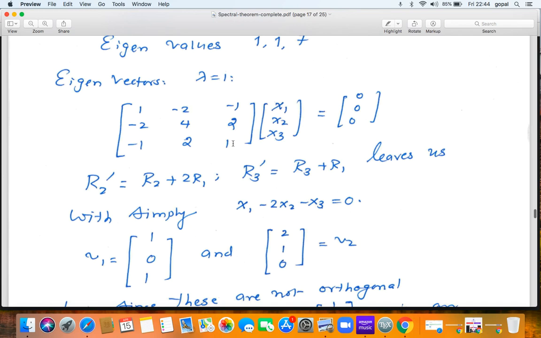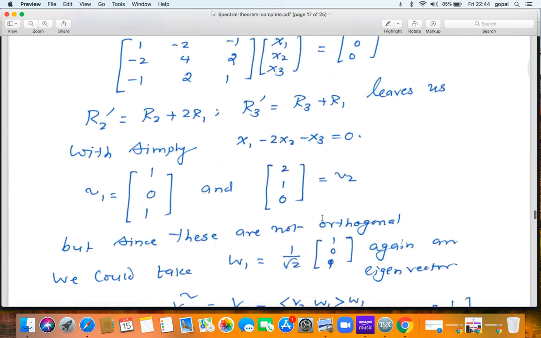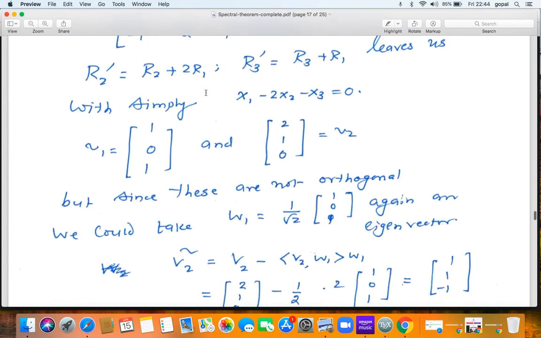You will see that the rank is 1 and the nullity is 2. So you're just left with one equation, x1 minus 2x2 minus x3 equal to 0. By inspection, you may be able to write two vectors, v1 and v2. Both are eigenvectors with eigenvalue 1. They are not orthogonal, but you can make them orthogonal using Gram-Schmidt.